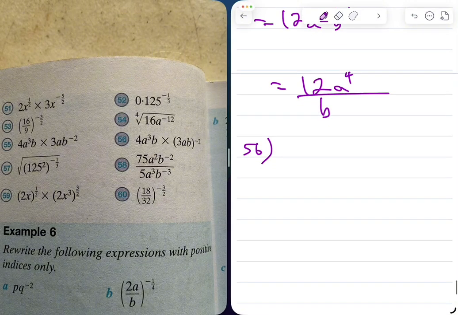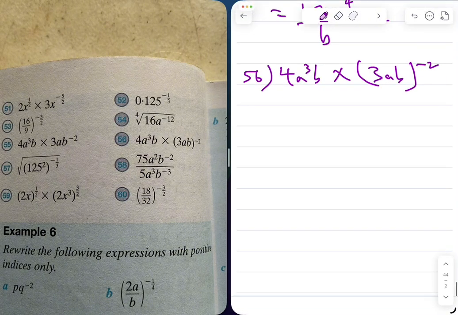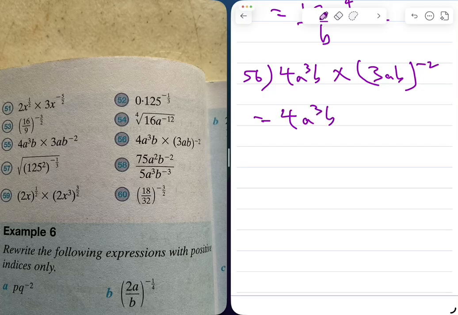56. That's 4a cube b times 3ab and the whole of that raised to the power minus 2. That is same as 4a cube b times 1 over 3ab raised to the power 2.